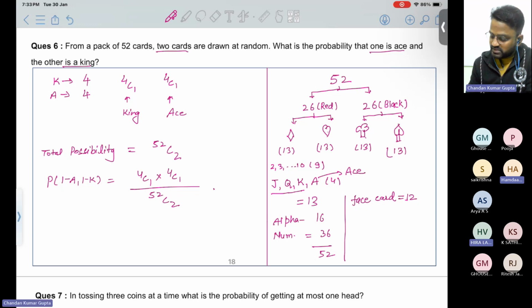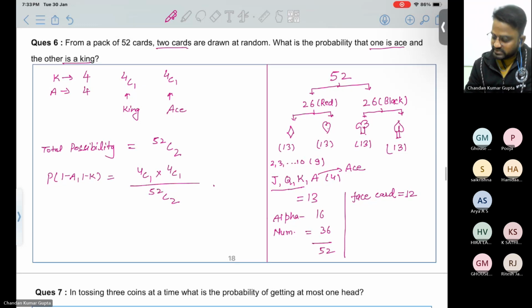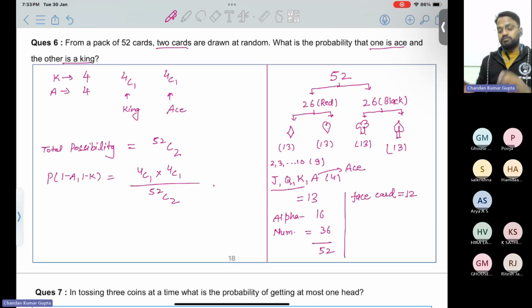Okay. Or what is the probability of getting a face card? 12 by 52, sir. Exactly. In a similar manner, you only need to know the distribution of cards, and the rest you will solve. You need to memorize how many cards there are and how many cards are of each type. So you may solve this.